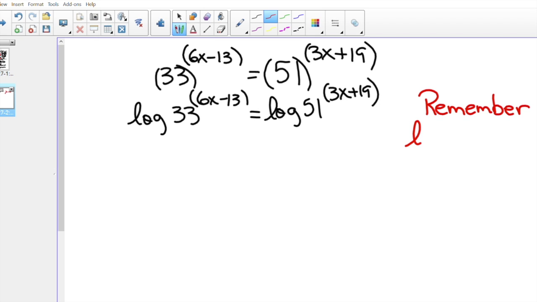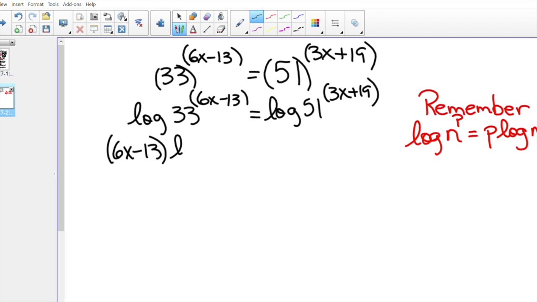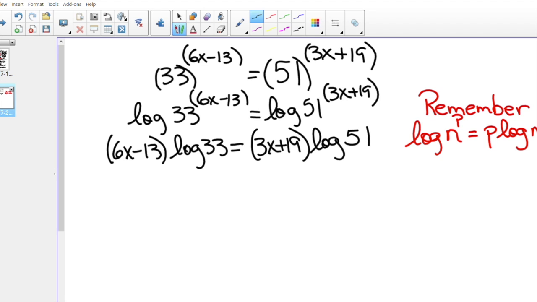If you're taking the logarithm of a number to a power, you got to say the power times the logarithm of the number. So, 6x minus 13 log 33 equals, power is 3x plus 19 times the log of 51.